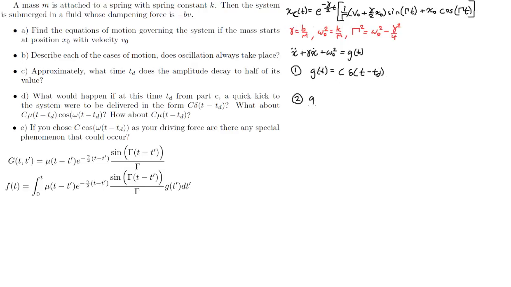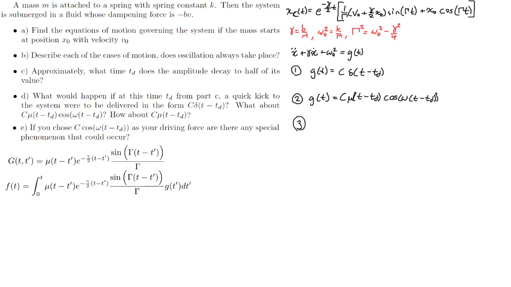And number 2 is g of t equal to c times the unit step function of t sub d, and then cosine omega times t minus t sub d.